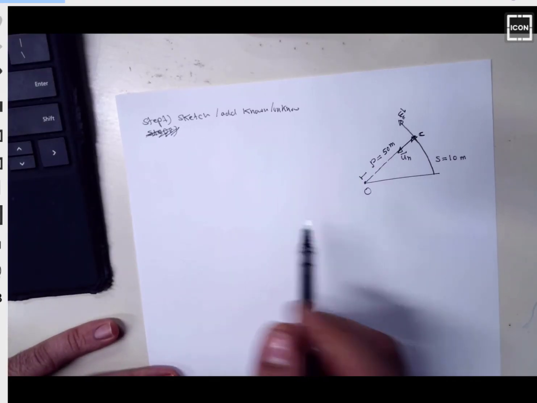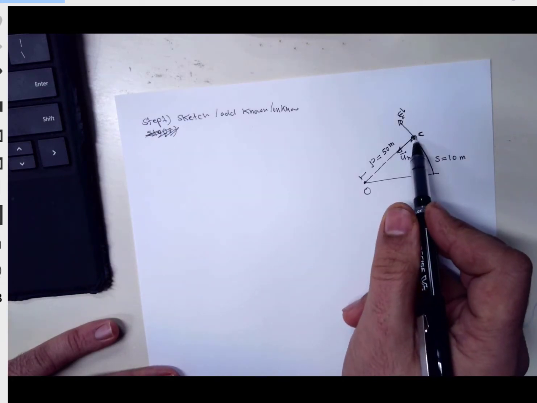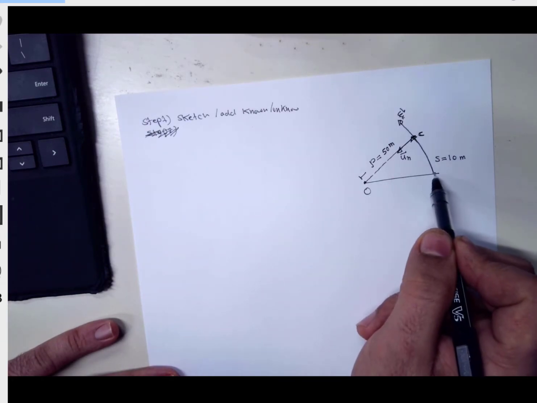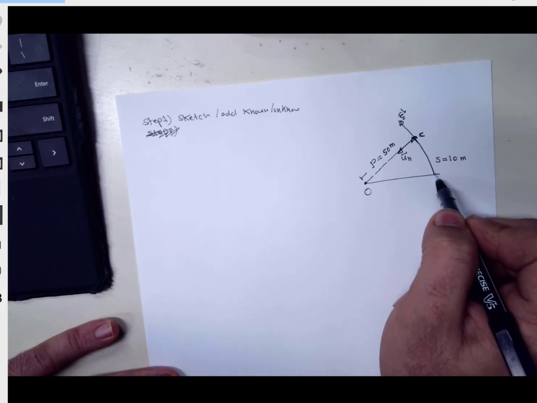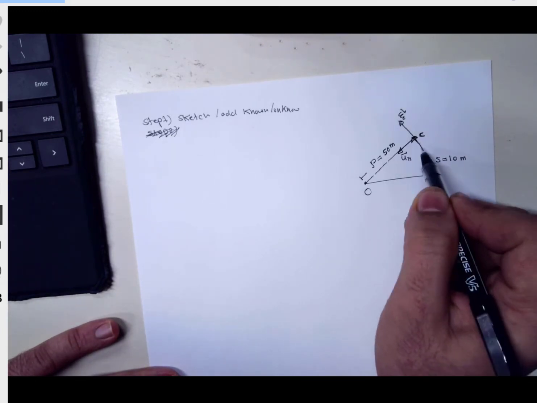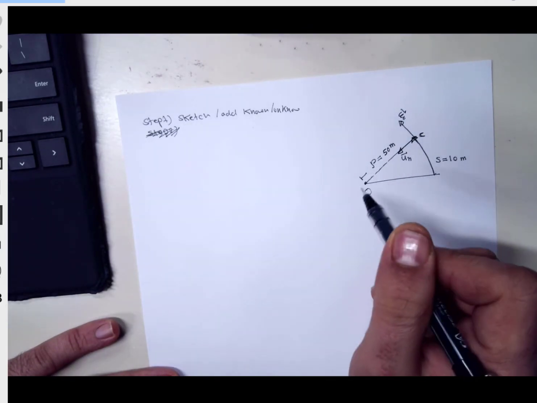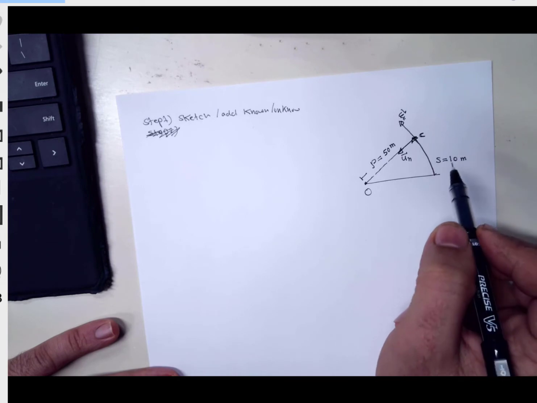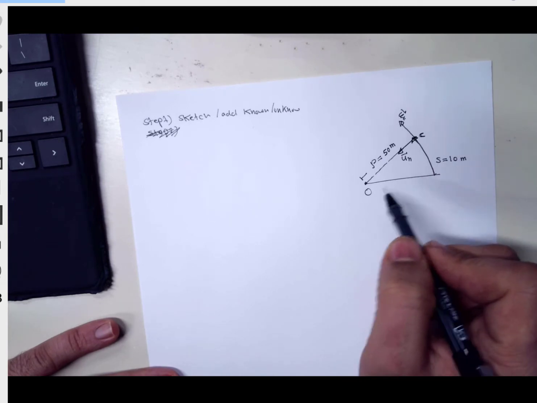Okay, so the first step is to sketch the problem. We have this particle or car going along this path. This path is a circle that has a radius of curvature equal to 50 meters, which is the radius of a circle. We want the car to travel a 10 meter distance.